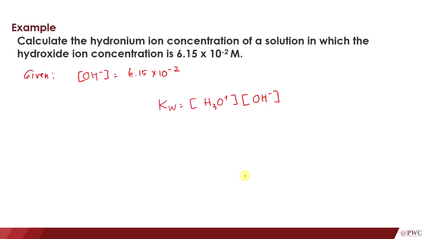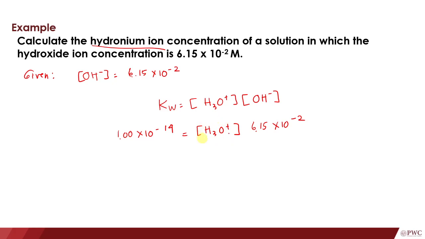So we can use this value: 1.00 times 10 to the power of negative 14 is equal to the molar concentration of the hydronium, which we are finding, times the concentration of OH-, which is 6.15 times 10 to the power of negative 2. And we are finding the molar concentration of H3O+, or the hydronium ion.